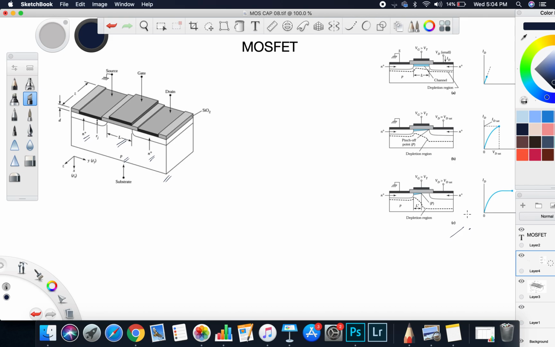Now, we derive the basic MOSFET characteristic under the following ideal conditions. Letter A, the gate structure corresponds to an ideal MOS capacitor. That is, there are no interface traps, fixed oxide charges, or work function differences. Letter B, only drift current is considered.